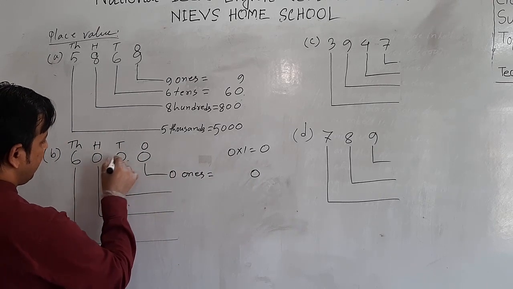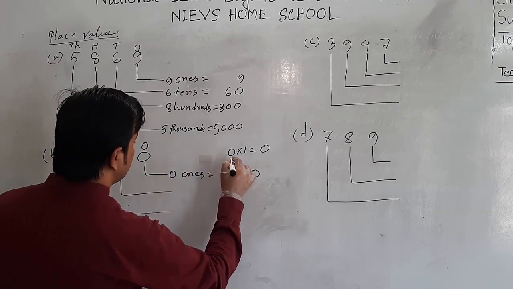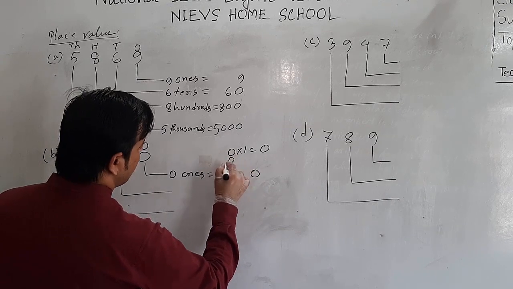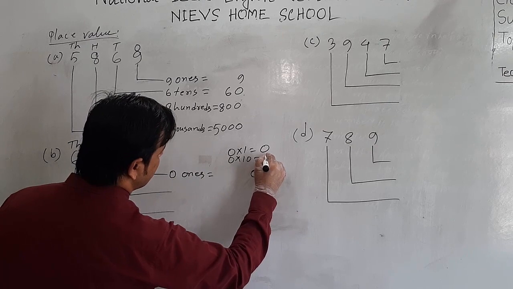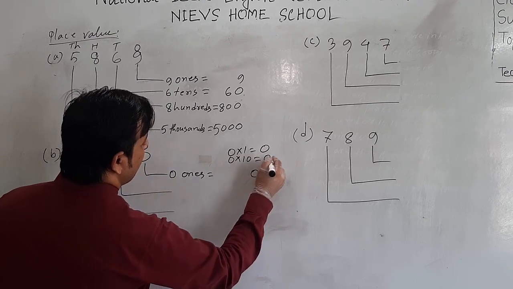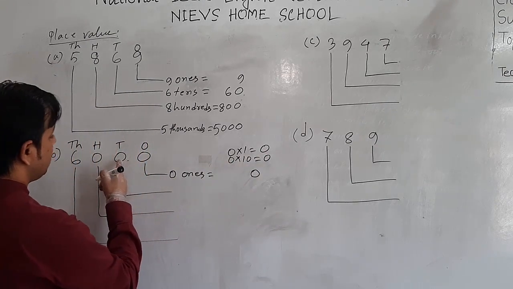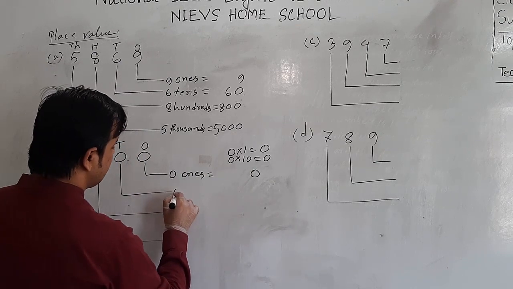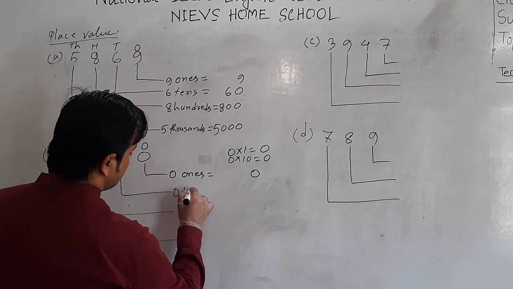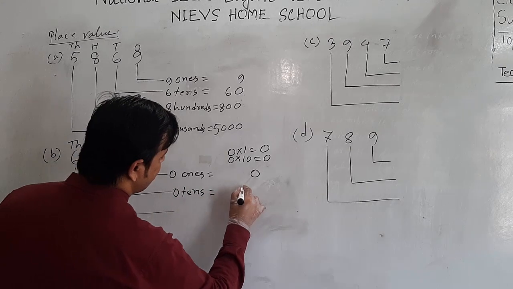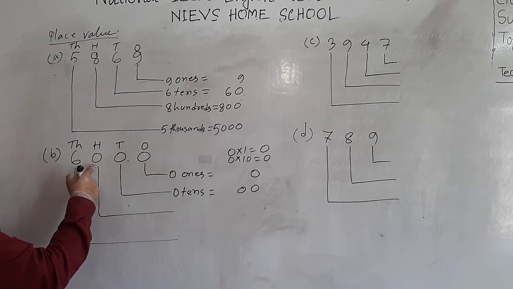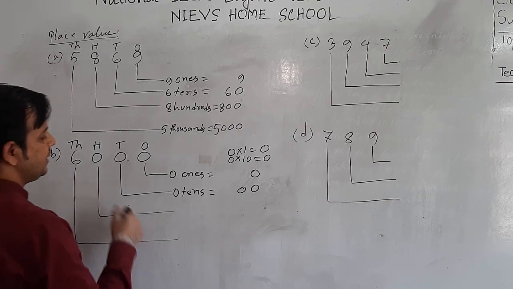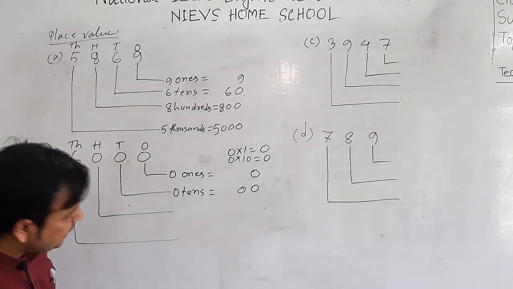Place value of second 0, that is in tens position. So 0 multiply by 10. If we multiply 0 by any number, that will be 0. This is the second digit, we can write 0 0 here. Now place value of third digit is also 0 here.